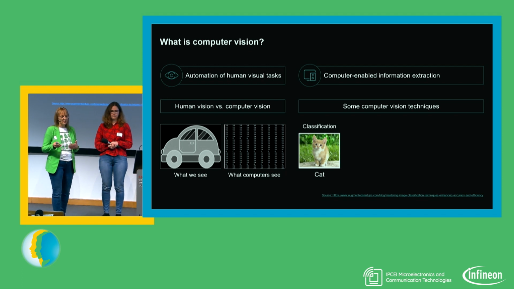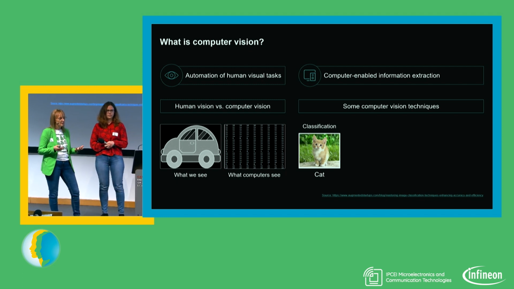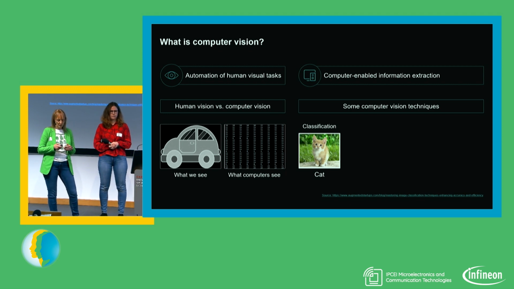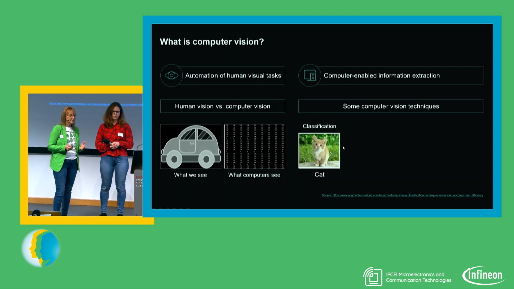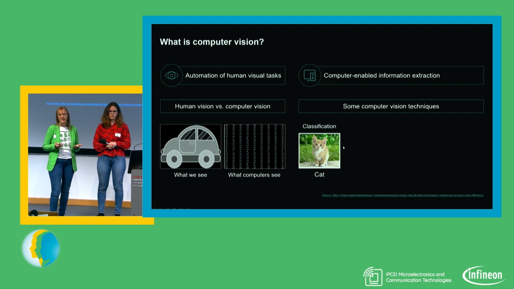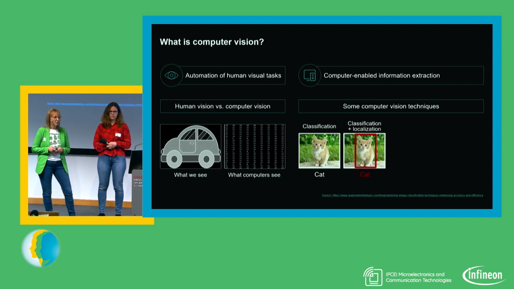I show you now some of the techniques in the field we're working in. The first one is that we can teach computers to recognize what they can see on an image. This is called image classification, and in this case, it's a cat. Furthermore, we could even teach computers to localize the cat in the image. This is then called classification plus localization.